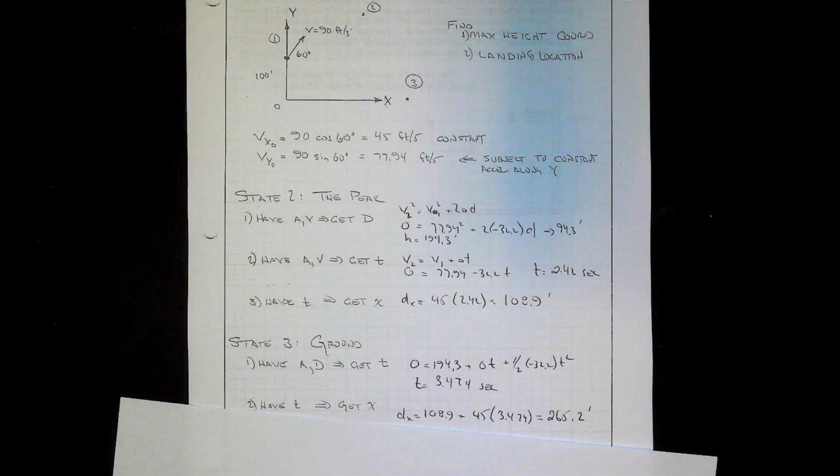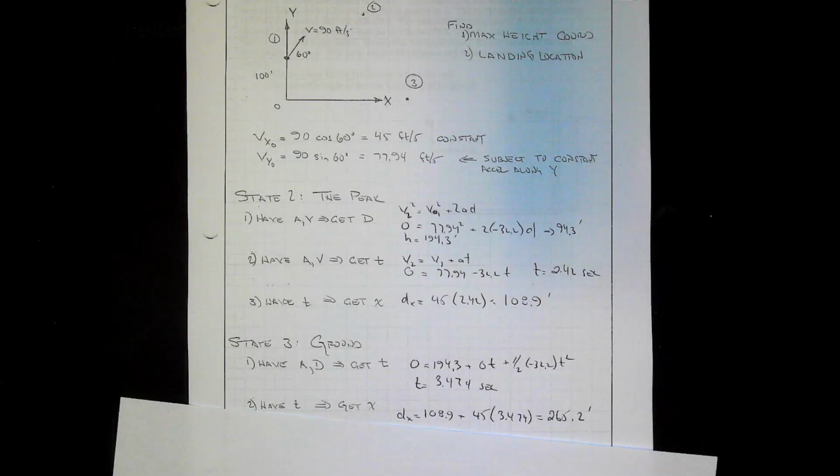Knowing acceleration and velocity, we can get distance. It's that simple. To do that, we apply the following equation: V2 squared equals V1 squared plus 2AD.